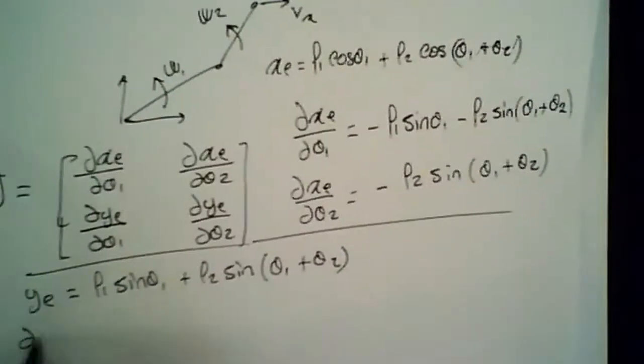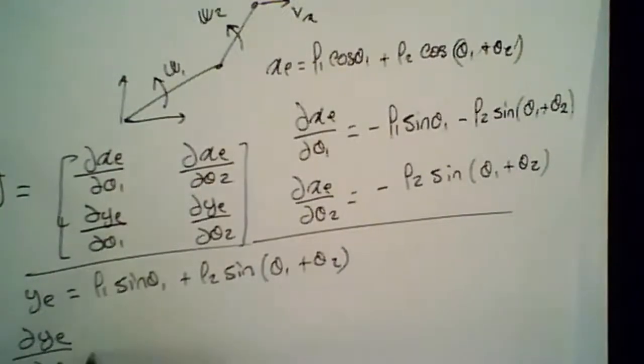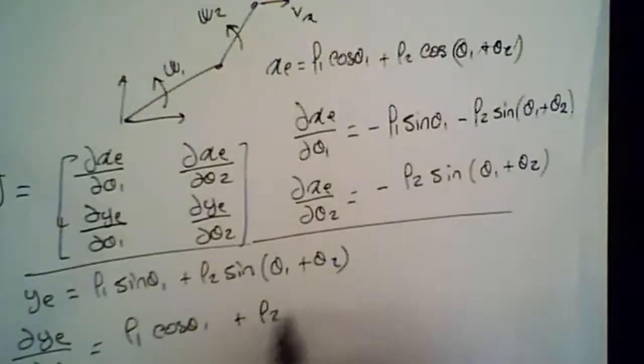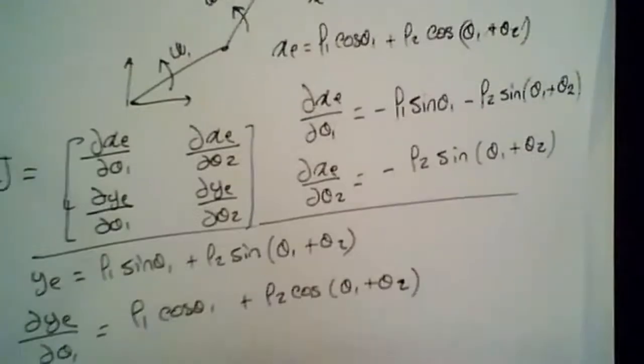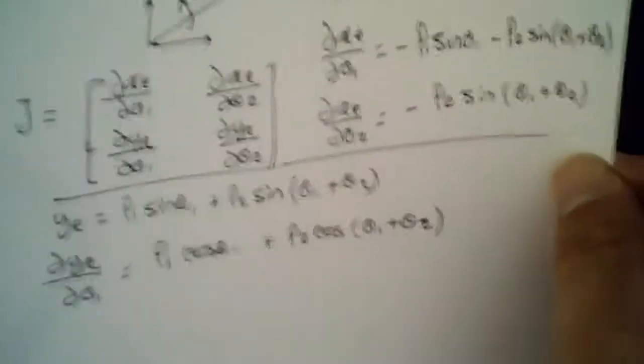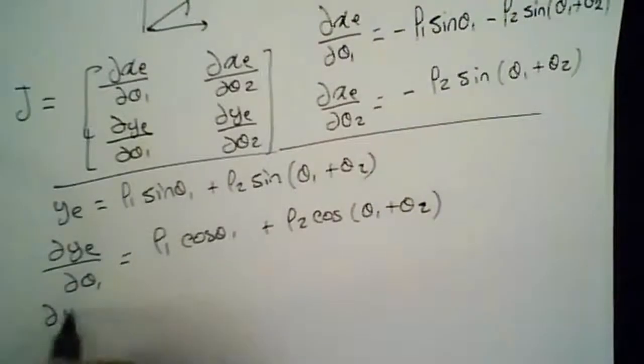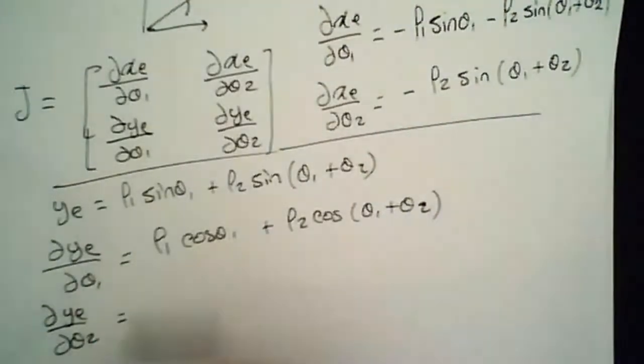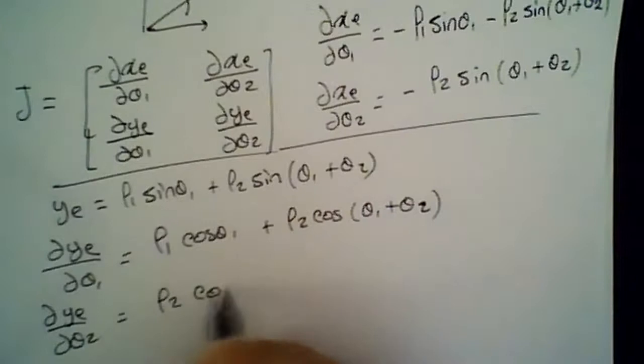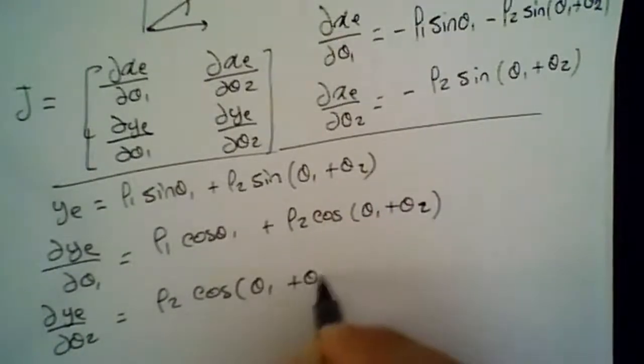So we need to capture dye in terms of d theta 1. It will be L1 cosine theta 1 plus L2 cosine of theta 1 plus theta 2. And then the last term that we are calculating is dye d theta 2, which is equal to L2 cosine of theta 1 plus theta 2.